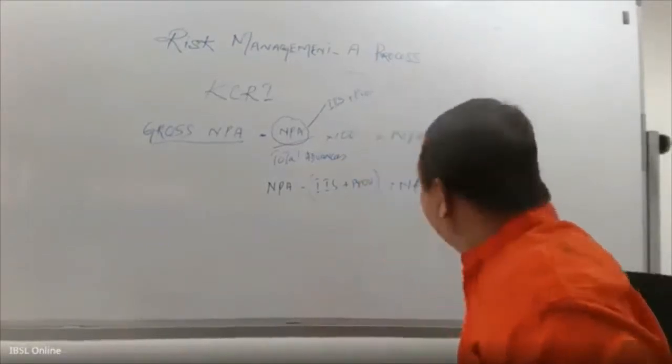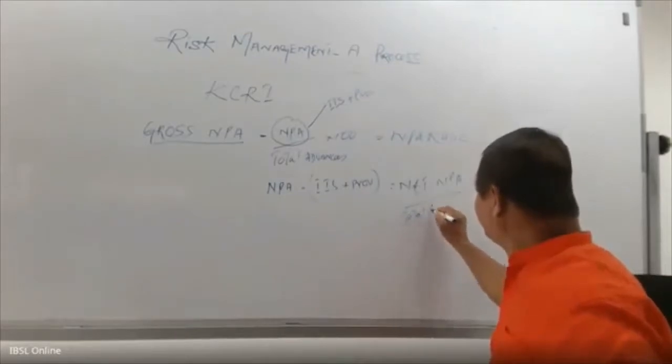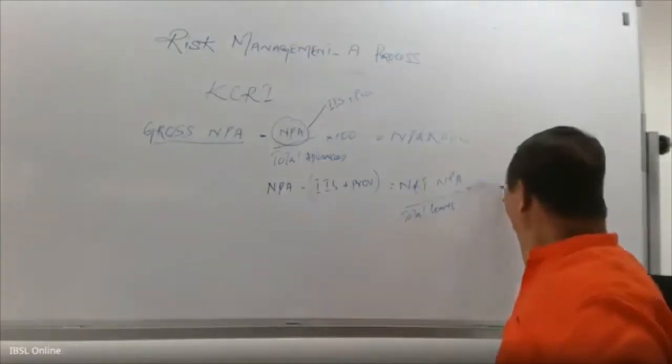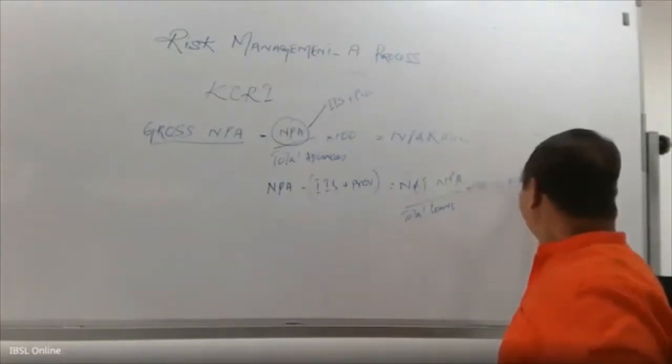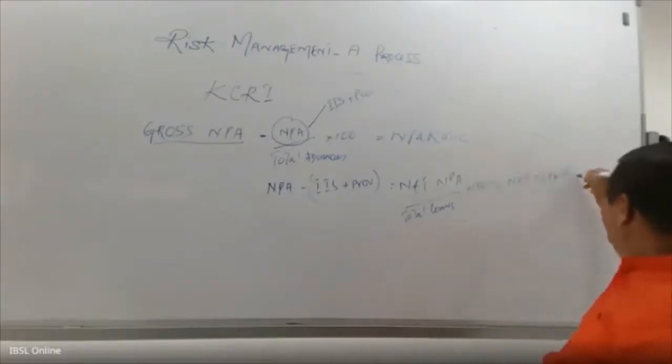This net NPA divided by total loans into 100 will give you a net NPA ratio.